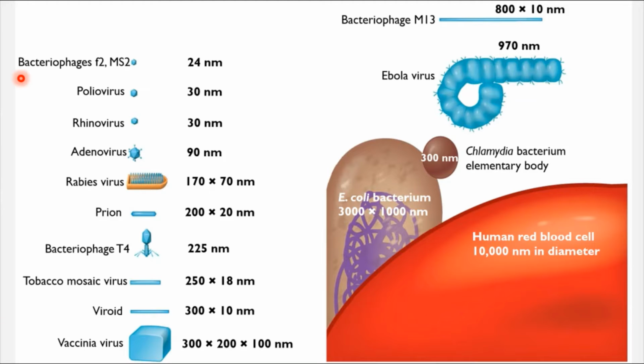So among the smallest types of viruses are bacteriophages, and these are all the way down at 24 nanometers in size. We will talk about bacteriophages. Some human viruses that are particularly small are poliovirus, rhinovirus, and adenovirus. Larger viruses exist too. For example, the Ebola virus is a very large virus that is 970 nanometers in size.